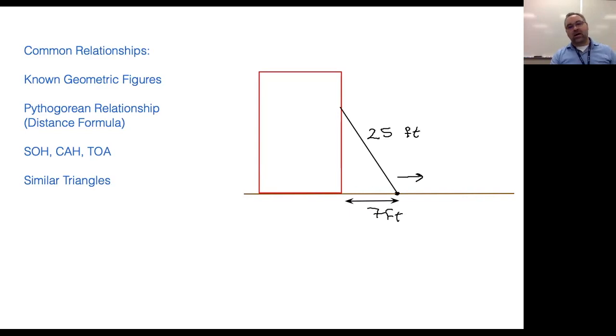Not so much fun if you're actually on this ladder. But we're going to pull the base of the ladder away from the wall at 2 feet per second. And my question for you is, how fast is the top of the ladder sliding down the wall at this particular instant in time?